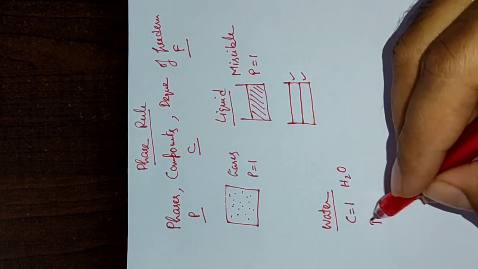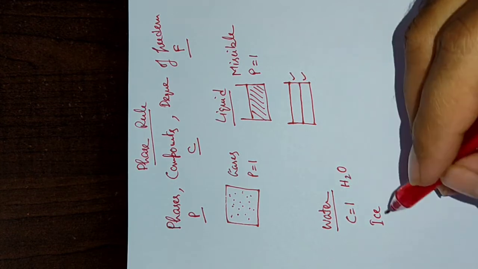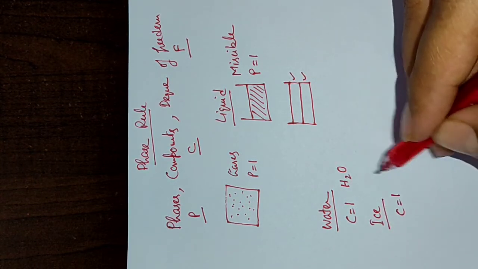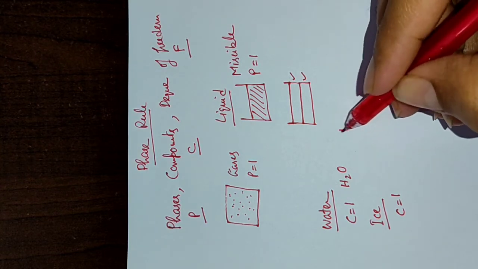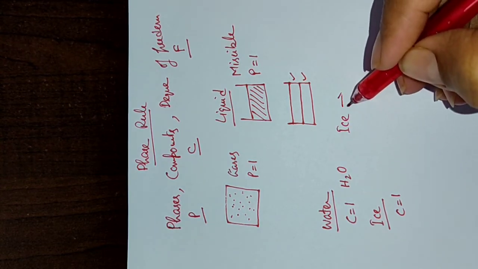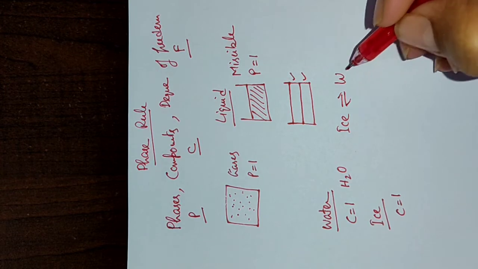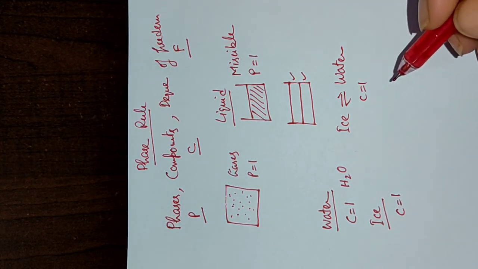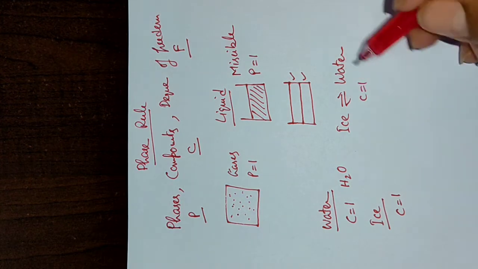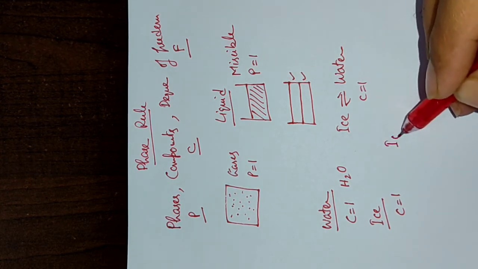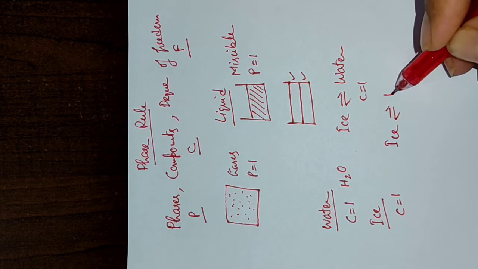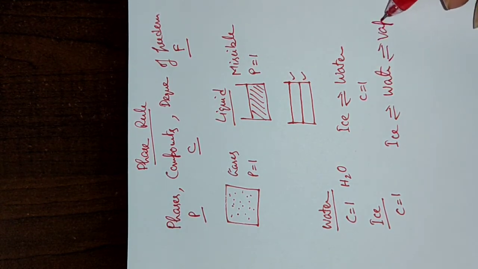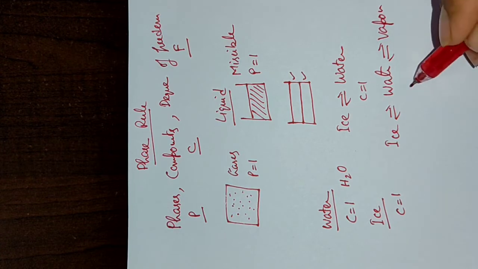If you have ice, that is the solid form of liquid water, then also you will have C equal to 1, that is H2O. Now what will happen for ice-water equilibrium? Here also C will be 1, that is H2O. Only one component defines the entire system. If the equilibrium is ice, water and vapor, then also the component is 1.